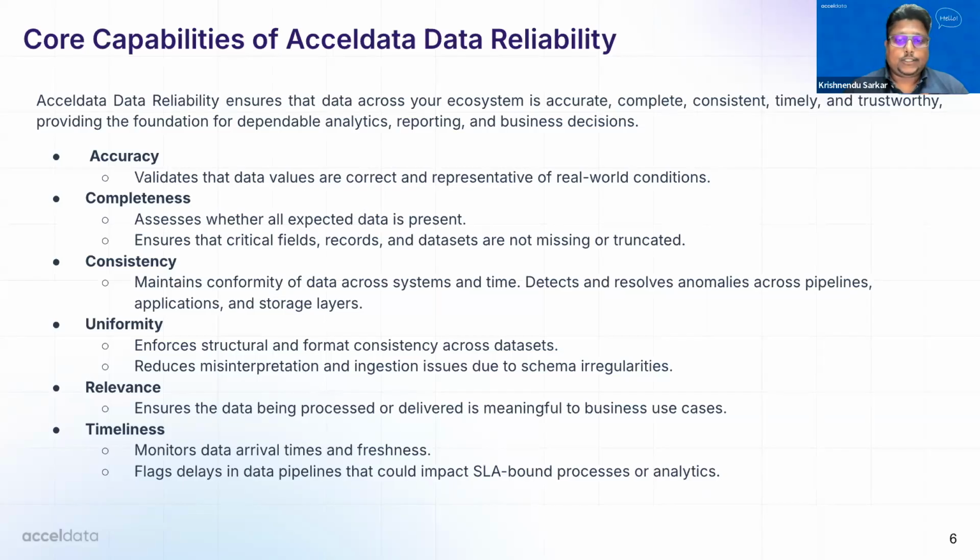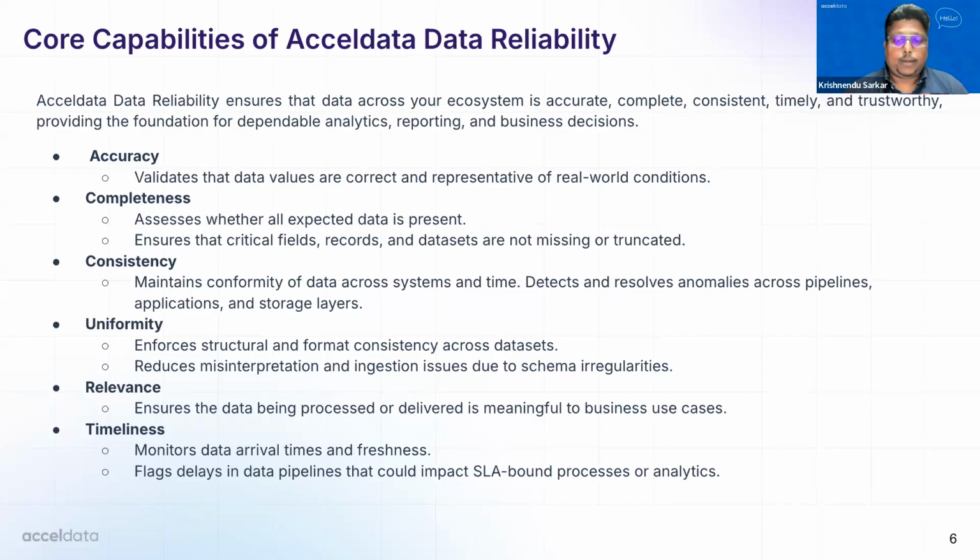Then completeness checks if all necessary data is present: no missing fields, records, or data sets. Incomplete data can disrupt reports and analytics. Then consistency makes sure data stays the same across systems and over time. It helps avoid contradictions between sources and pipelines.